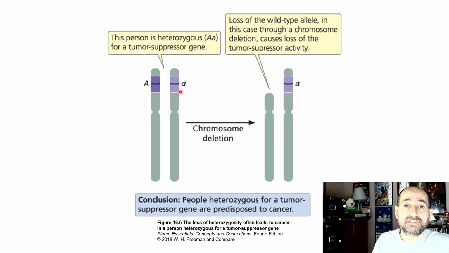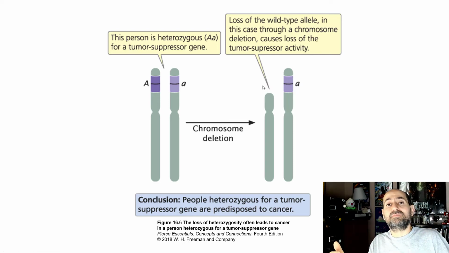I am at much higher risk of cancer, because at any time in my life, if this other allele becomes damaged, like a deletion happens, now I don't have a tumor suppressor. This cell is effectively homozygous recessive for allele A, and I could get cancer.